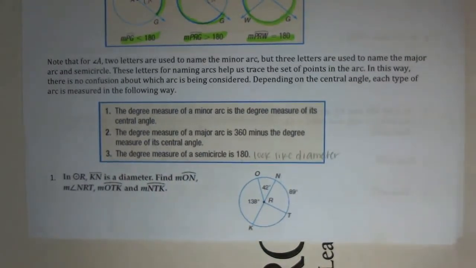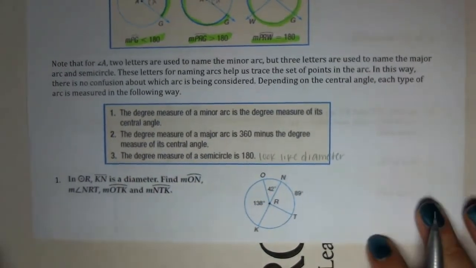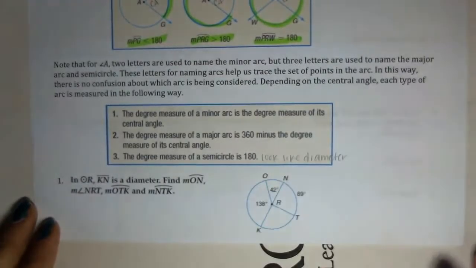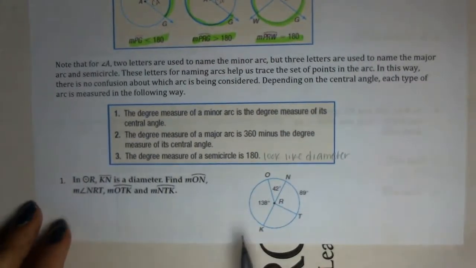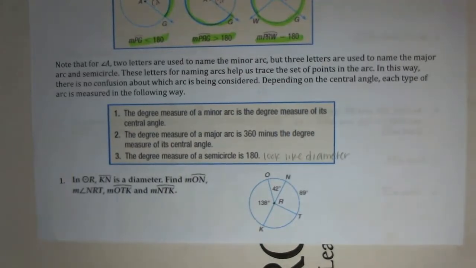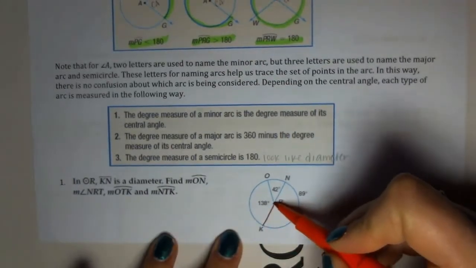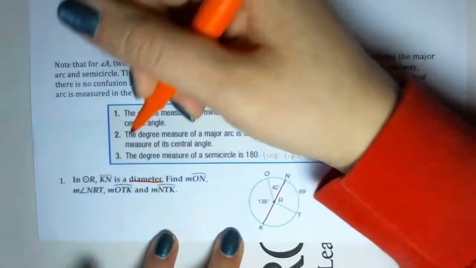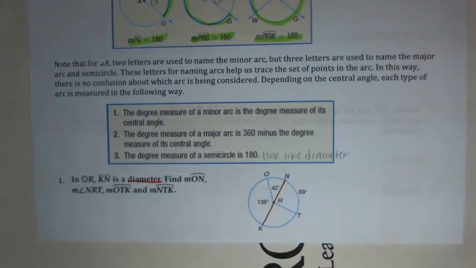Let's look at this first example, keeping in mind these things up here. Circle R, so that's this. KN is a diameter. That's straight across.